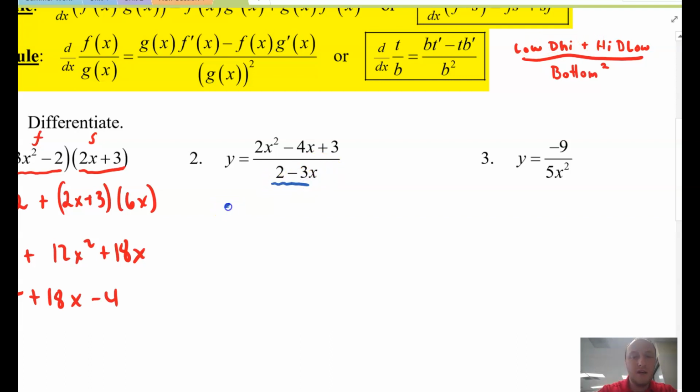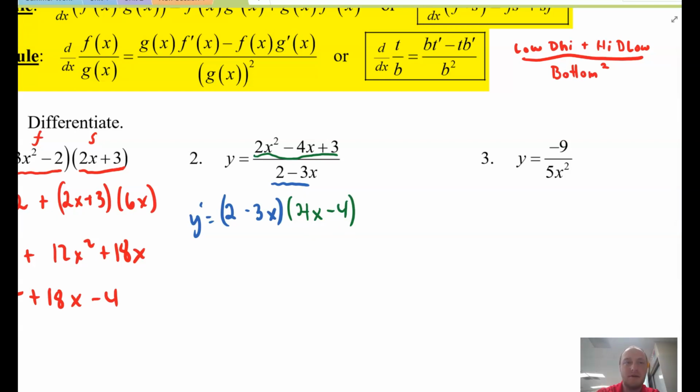So y prime equals low d high. I have to multiply by the derivative of the top, which is this piece here, times 4. Isn't that a fancy 4? 4x squared minus 4. Low d high, minus.